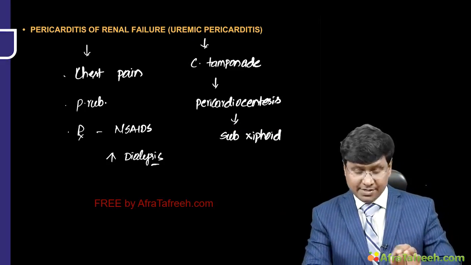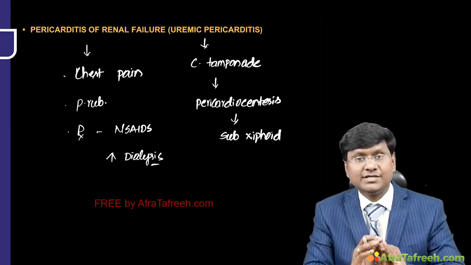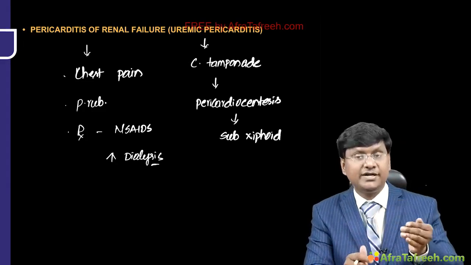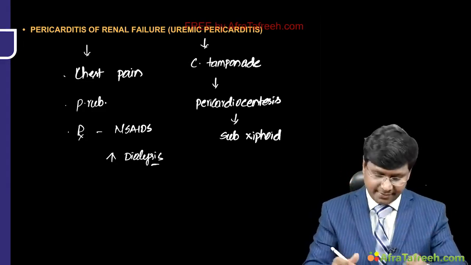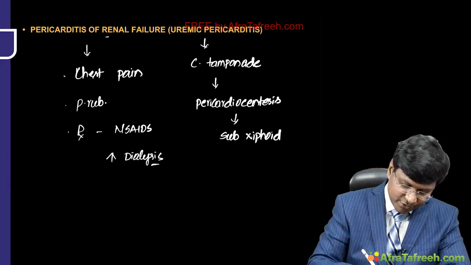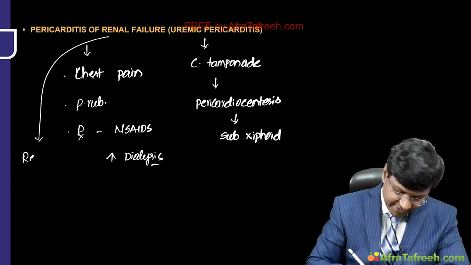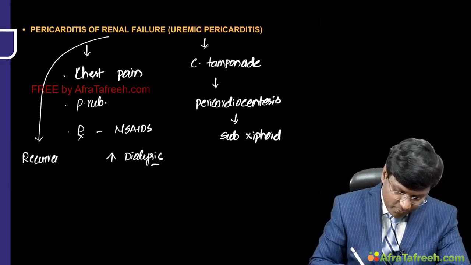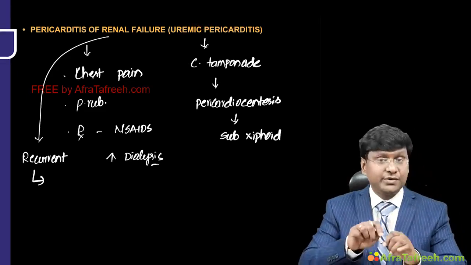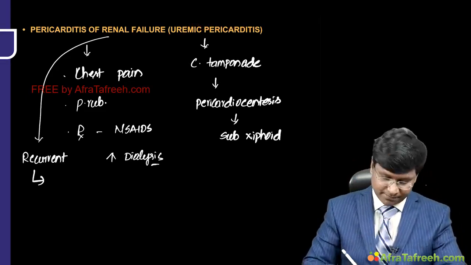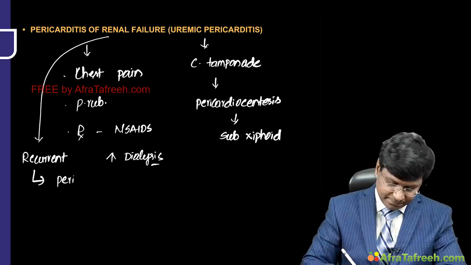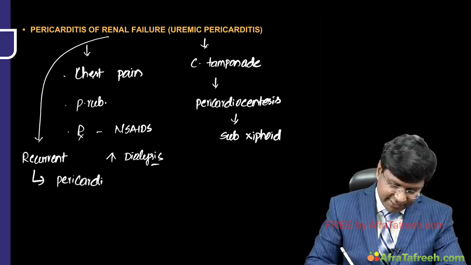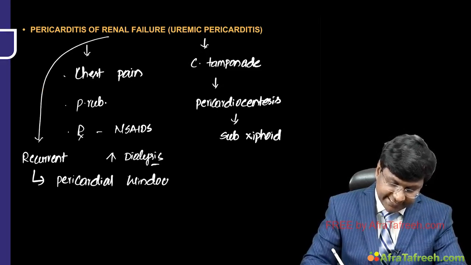Now, when the pericarditis of renal failure is recurrent or persistent, what do you need to do? You need to create a pericardial window, and through this pericardial window, you send a catheter.